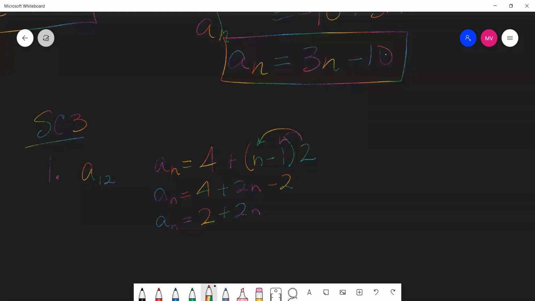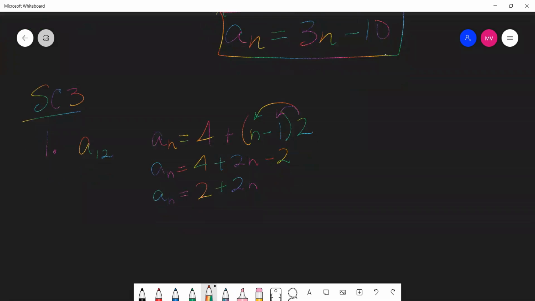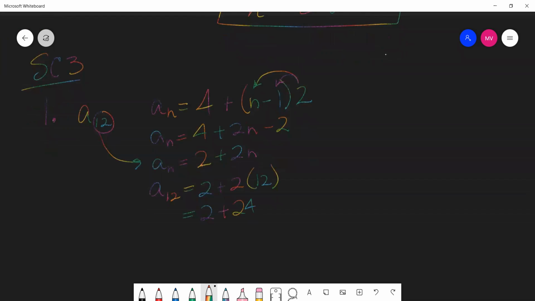If you use those mathematical courtesy rules that I explained to you guys, where the variables come first, the constant terms go last. Okay, now we are plugging in what they're asking us to find, A12 for n. So A12 equals 2 plus 2 times 12. So we're plugging in that value for 12 for n. Okay. Anyway, so A12 equals 2, and then 2 times 12 is 24. And therefore, the term at position 12 has a value of 26.